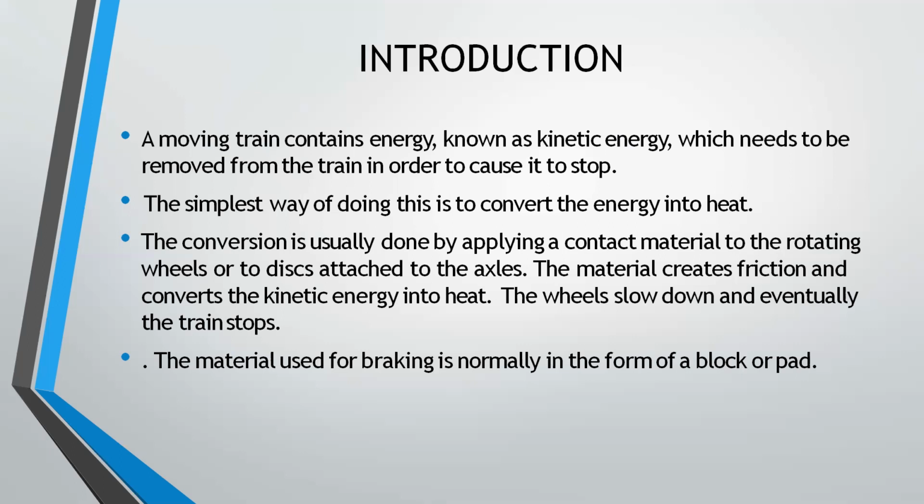Whenever pads or shoes are attached to the running wheels, the kinetic energy is converted into heat energy. Then the wheels slow down and eventually the train stops. The material used for braking is normally in the form of a block or pad.